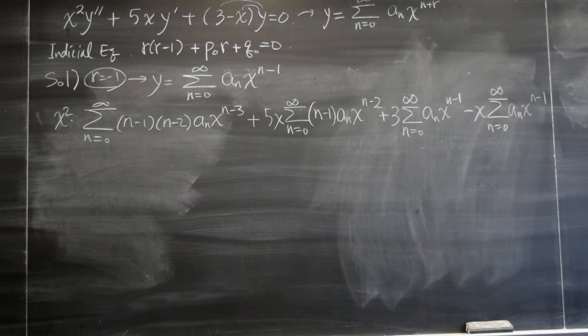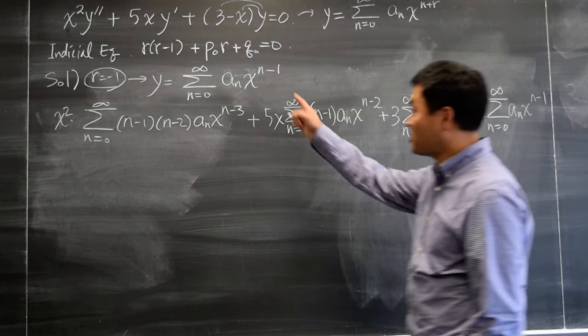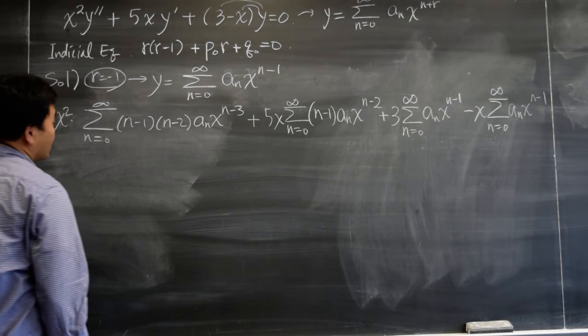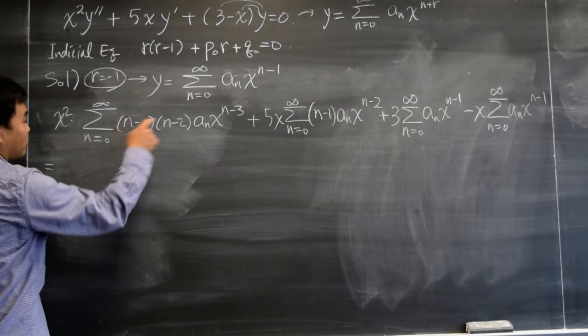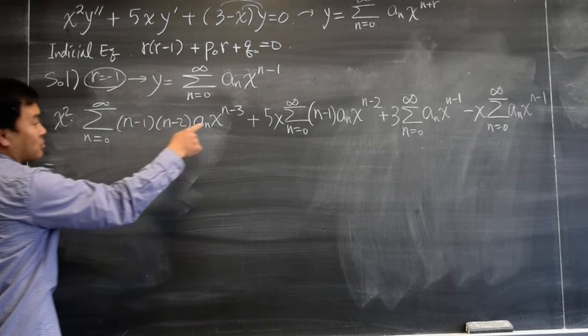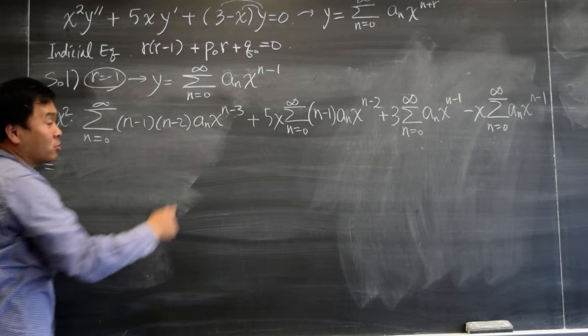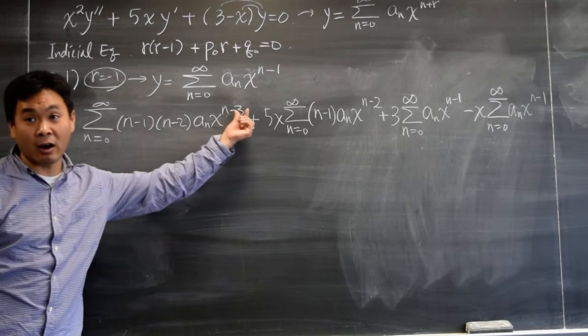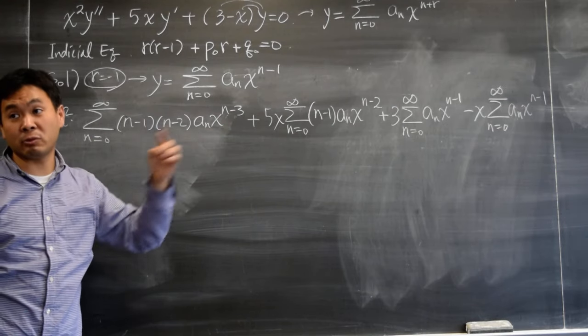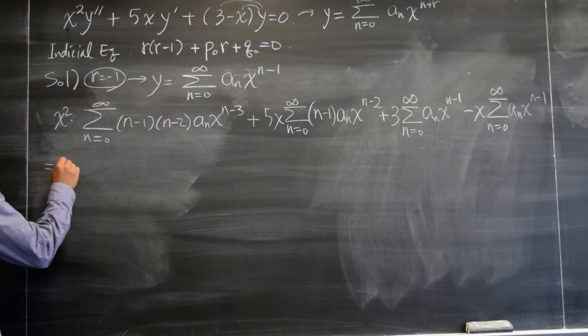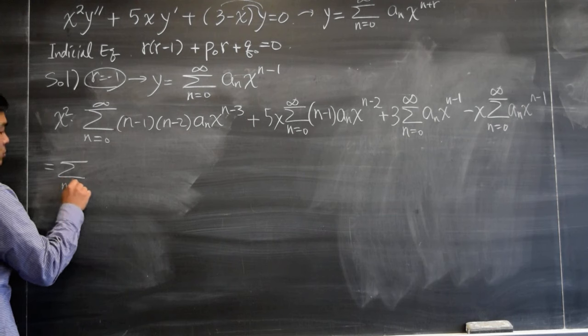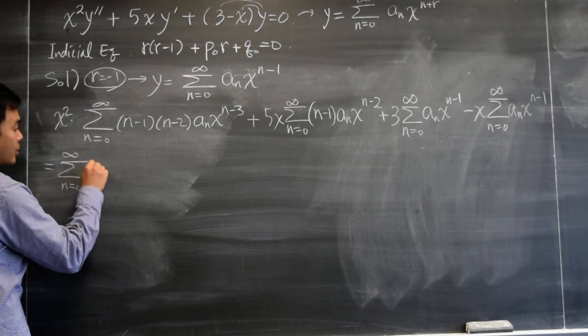So that's what you get after plugging this in. Now in the next line, you should multiply these two inside. So x squared times x to the n minus 3, because the exponents add up. 2 plus n minus 3 is? N minus 1? Yes, n minus 1.